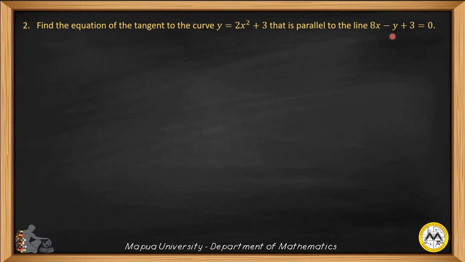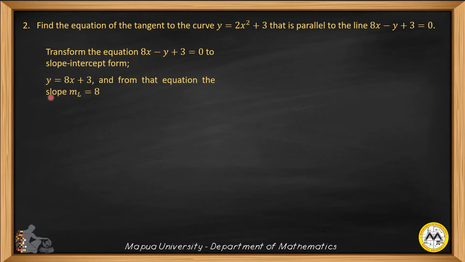When the tangent line is said to be parallel to the line 8x minus y plus 3 equal to 0, then the slope of the tangent line would be equal to the slope of this line. And as to the slope of 8x minus y plus 3 equal to 0, if we transform the equation to the slope-intercept form, then we will have y is equal to 8x plus 3.